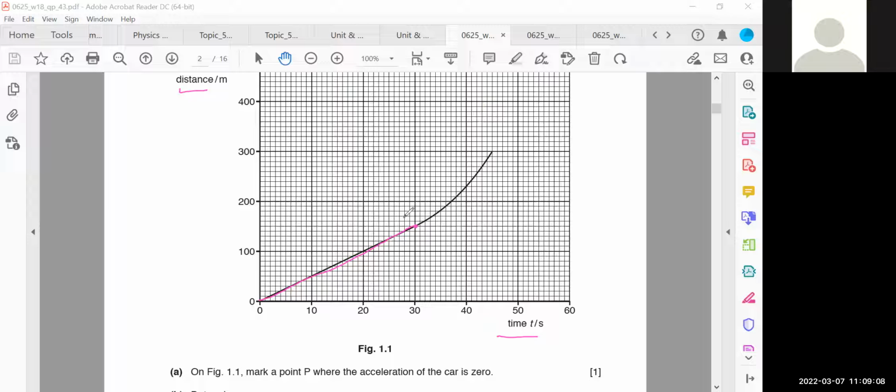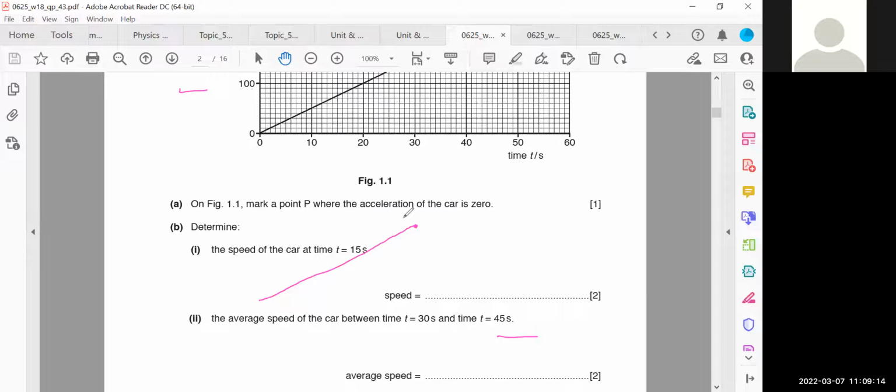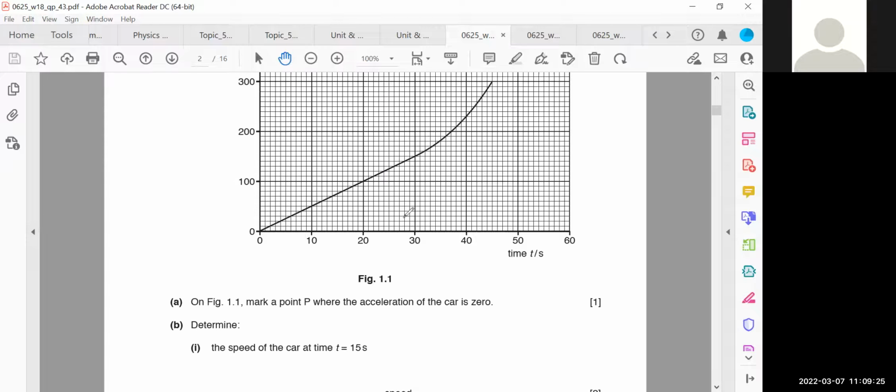Okay, Shania, noted. Now the next one: determine the speed of the car at time t equal to 15 seconds. Find the speed of the car at t equal to 15 seconds, children.